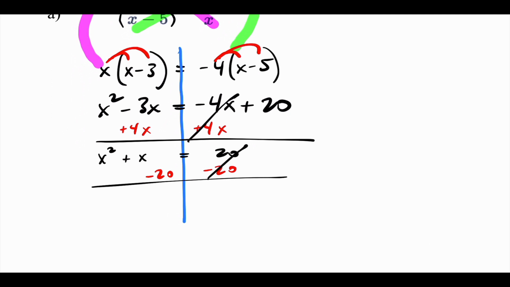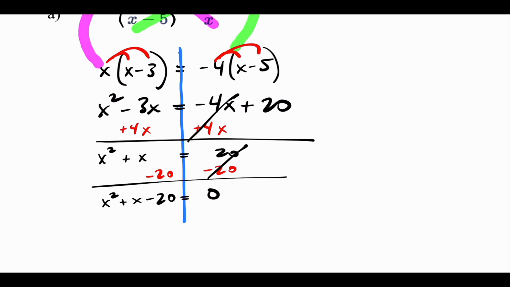That gives me a trinomial. Once you get there, you guys, this is right in your wheelhouse. You guys have been doing this since last semester. Set it equal to 0, done.